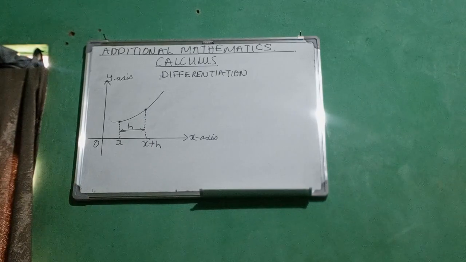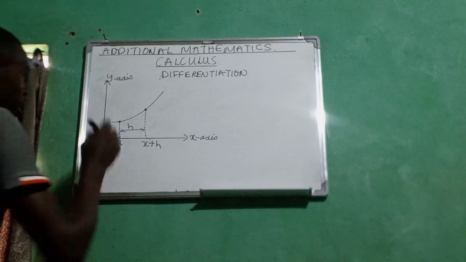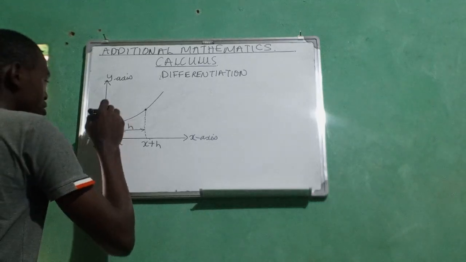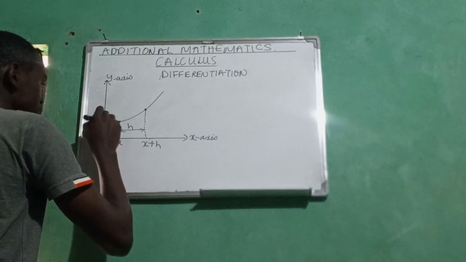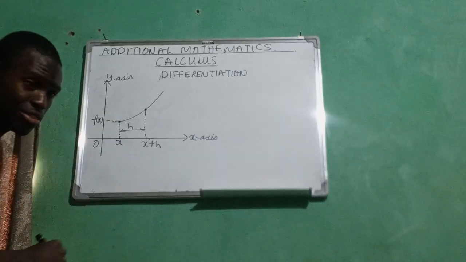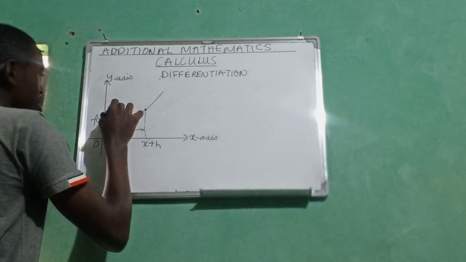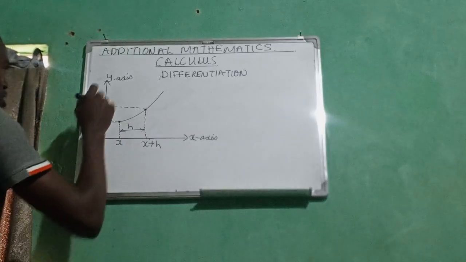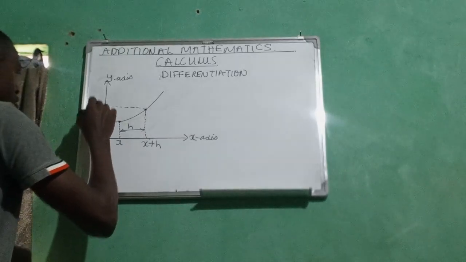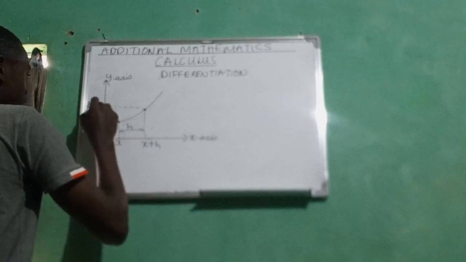And then the y-coordinate for this one here is the function f of x. Then the y-coordinate for this one is the function f of this coordinate, x plus h, like that.